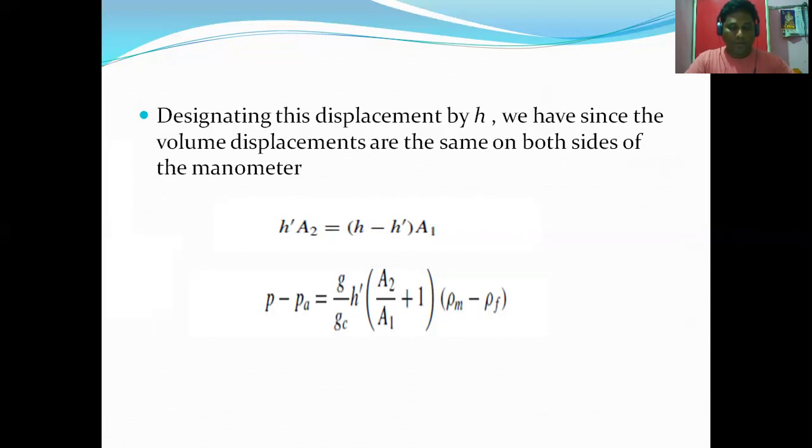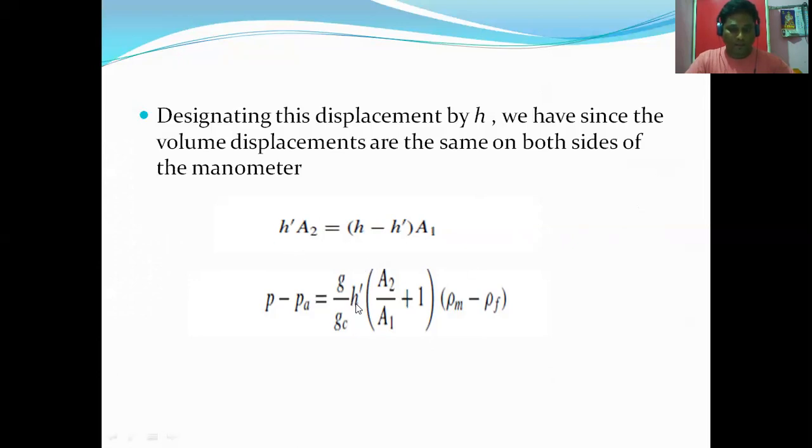Commercial well-type manometers have the scale graduated so that the user need not apply the area correction factor to the indicated displacement h dash.